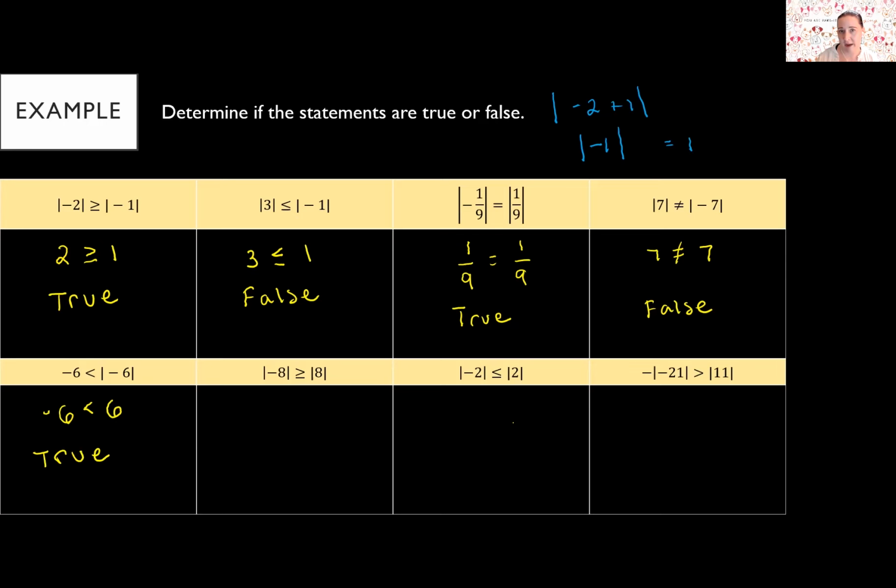The next one we have is the absolute value of -8 is greater than or equal to the absolute value of 8. So absolute value of -8 becomes a +8. The absolute value of 8 also is a +8. So we've got 8 greater than or equal to 8.